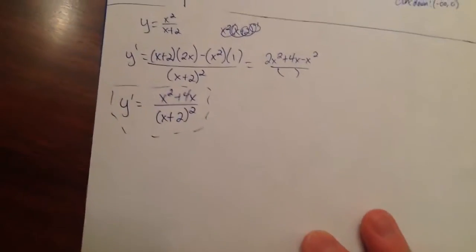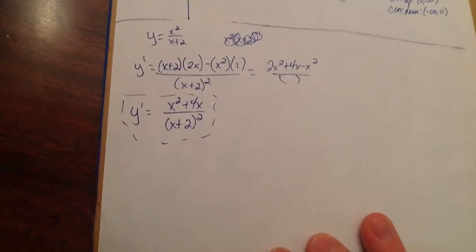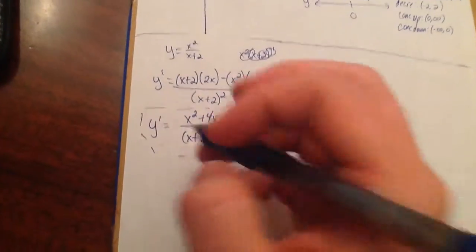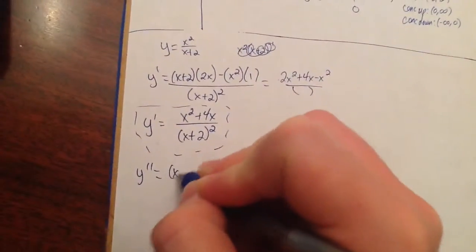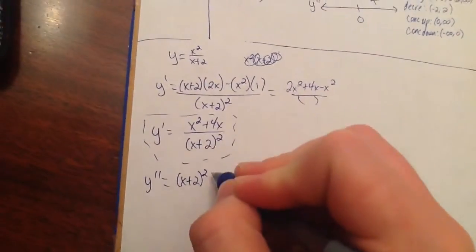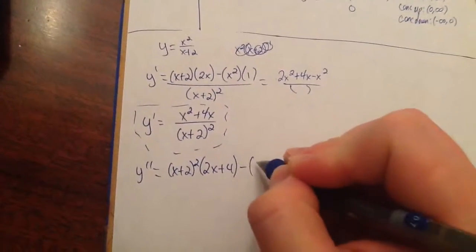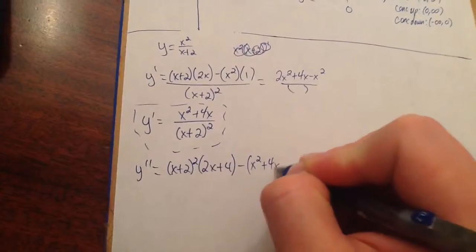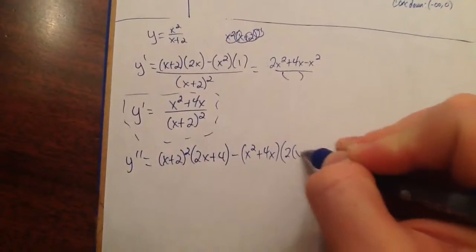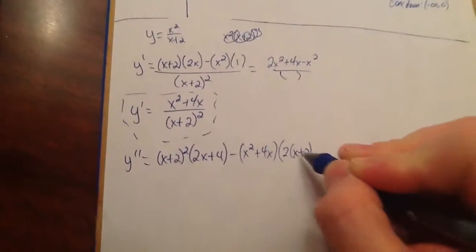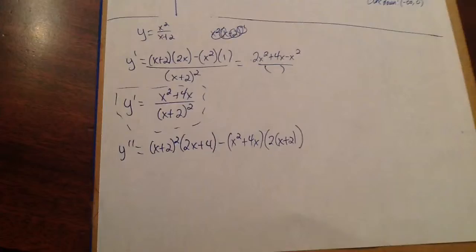And then for second derivative, you can do quotient rule again. So the second derivative, low d high, derivative of the top would be 2x plus 4, minus the top times the derivative of the bottom, which would be 2 times x plus 2 to the first times the derivative of the inside, which would just be 1. Right, chain rule it.